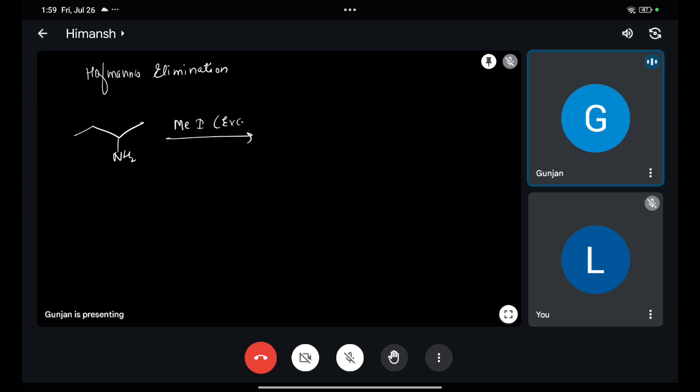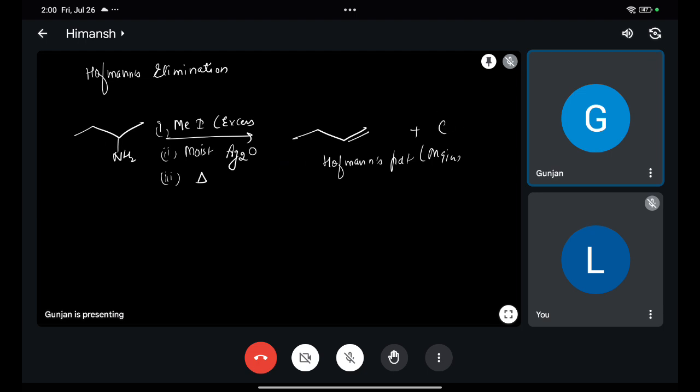It was asked in your TYQs as well, this reaction. They directly just apply moist Ag2O. So moist Ag2O gives us an idea about this reaction which is proceeding over here. Again we are getting Hoffman as the major product, and the other N-containing CH3 and CH3. So here the mechanism that operates is E2.